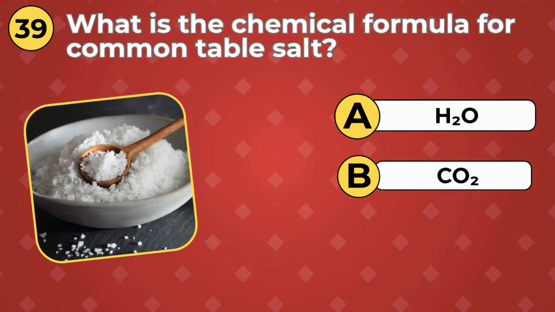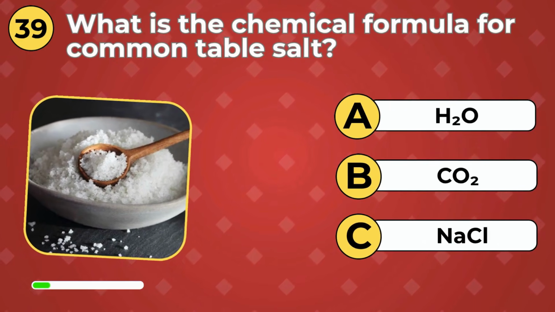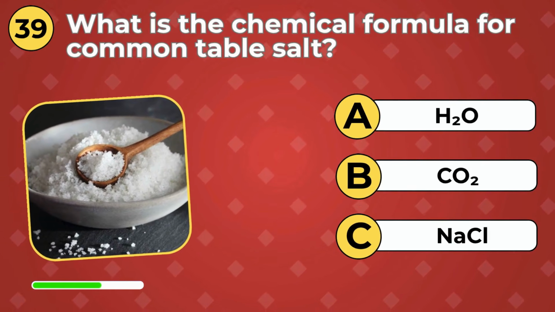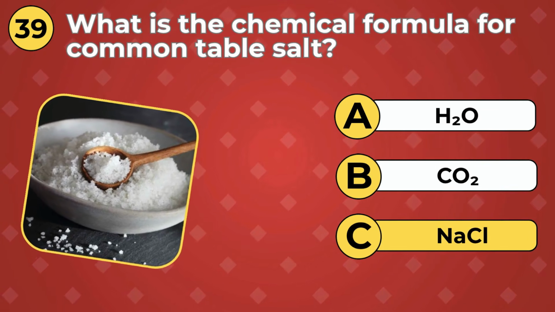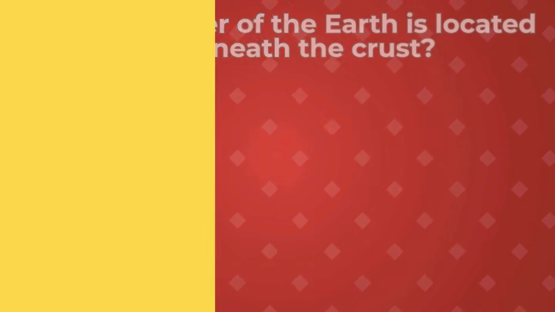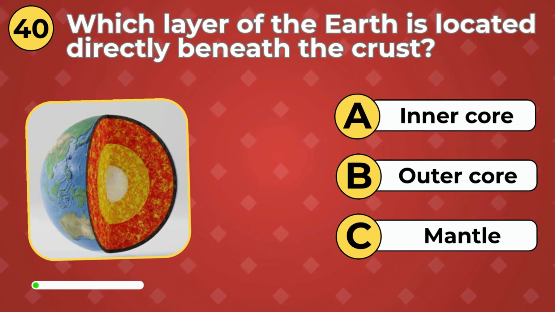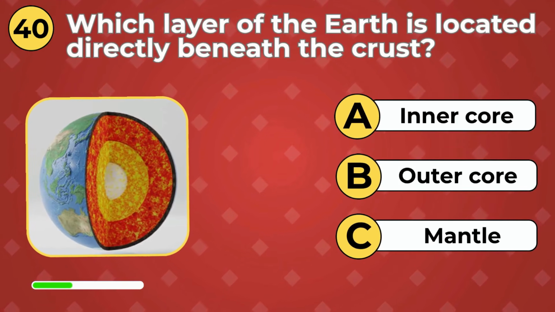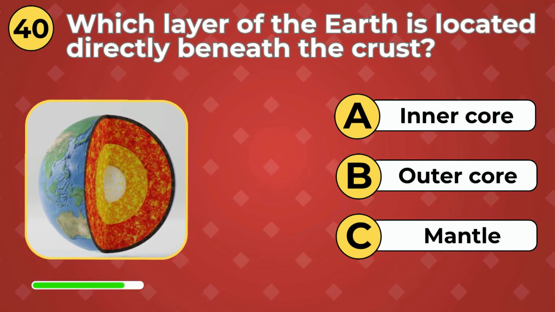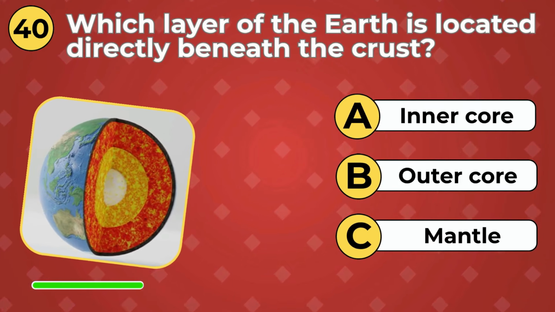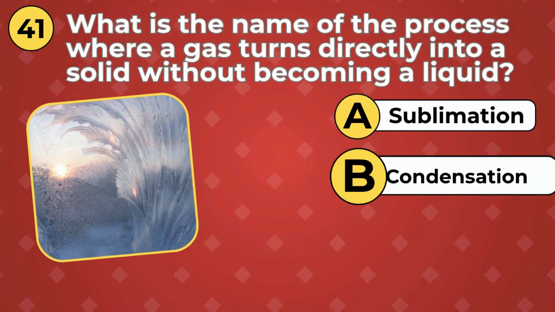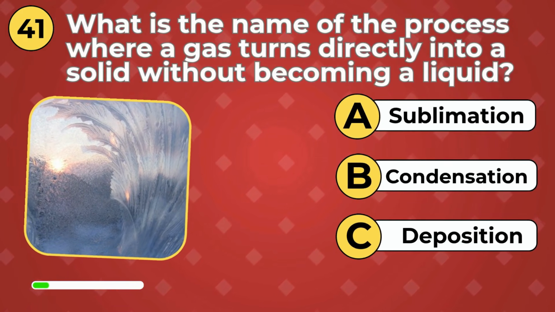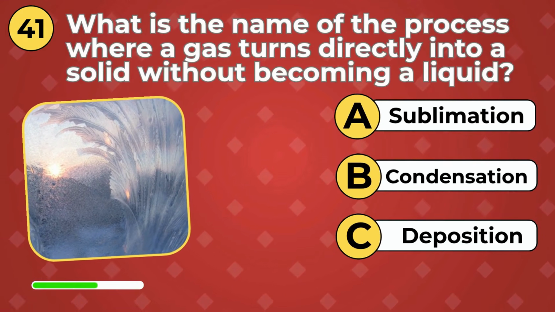What is the chemical formula for common table salt? NaCl. Which layer of the Earth is located directly beneath the crust? The mantle. What is the name of the process where a gas turns directly into a solid without becoming a liquid?